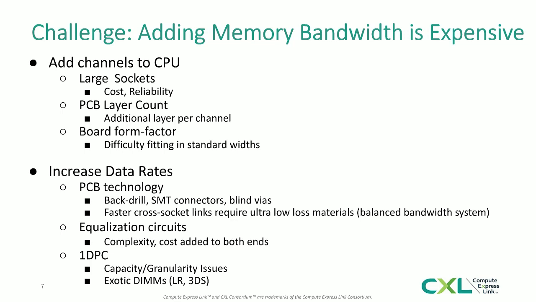The challenge is that to add memory bandwidth to a system, you have a couple of ways to do so. One is you add more channels to the CPU. Because each channel of DRAM requires hundreds of pins, it basically bloats the socket size. So now we have sockets with 5,000 pins, 6,000 pins.